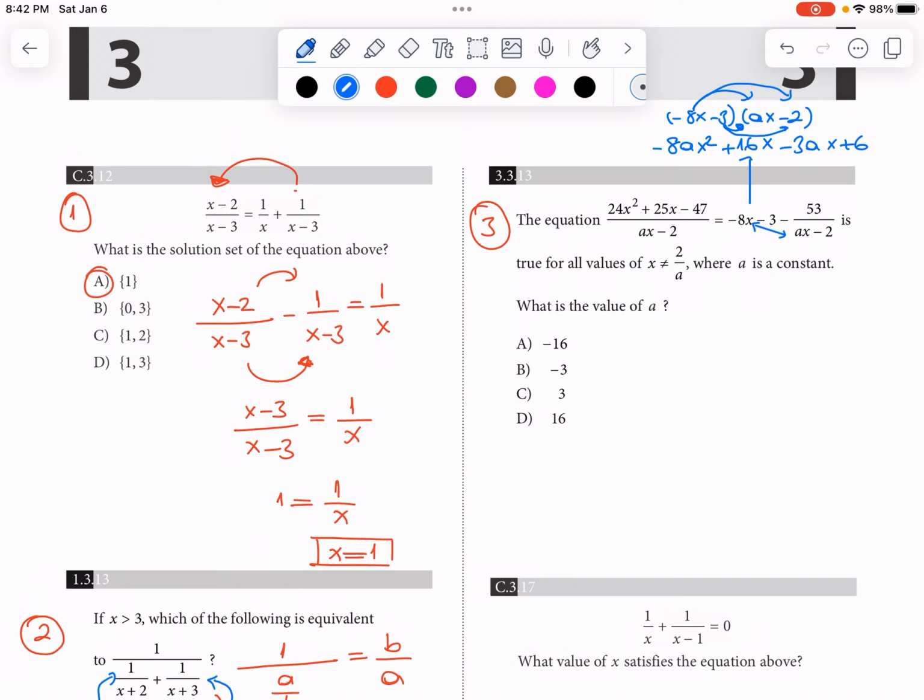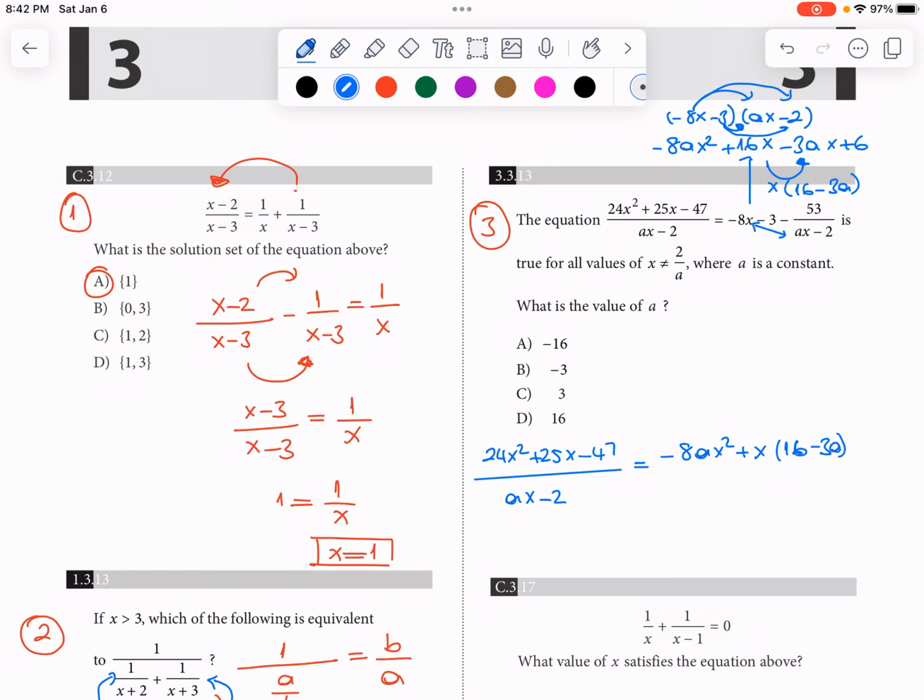Okay, so I will write everything here, guys. (24x² + 25x - 47)/(ax - 2) is equal to, and by the way, I'm going to combine these two terms because they have a like term. So it'll be equal to x times (16 - 3a). So -8ax² + x(16 - 3a).